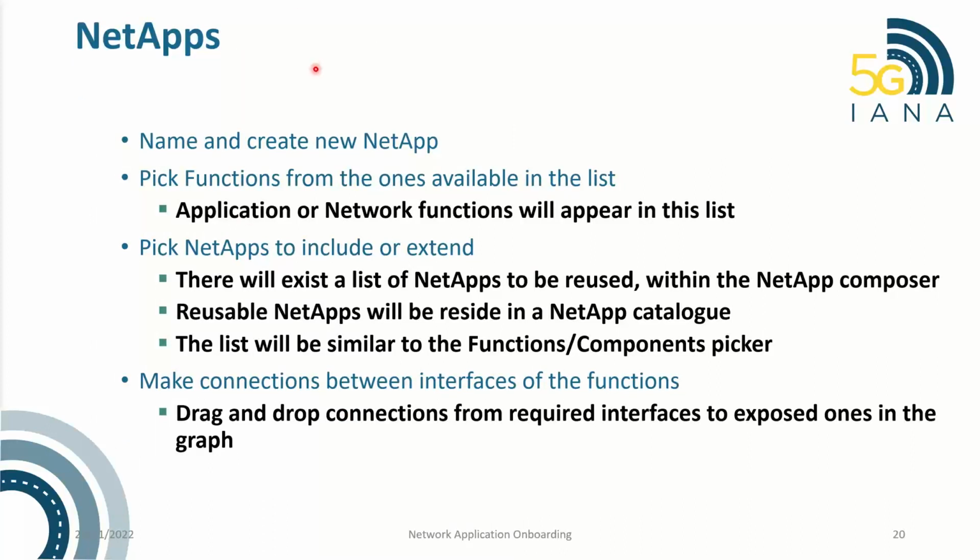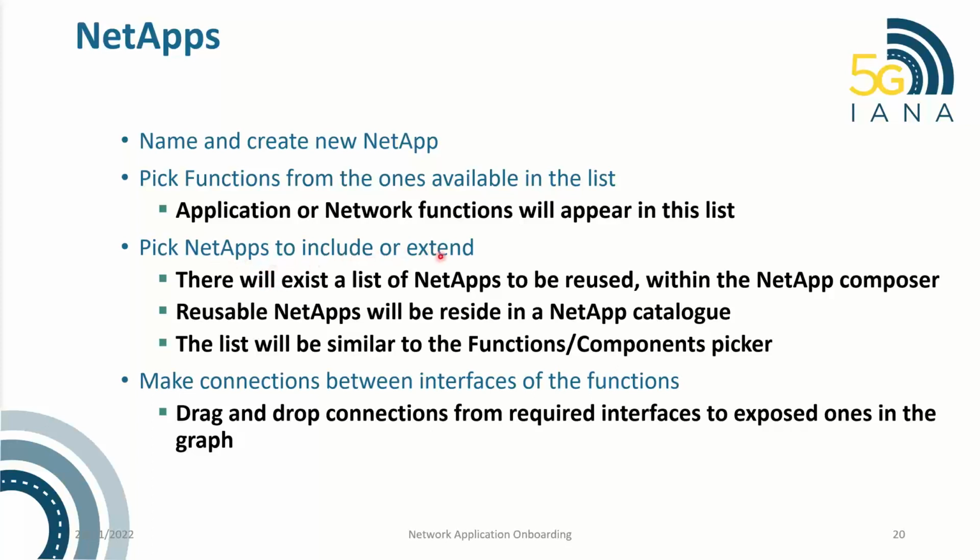Okay. The next step, of course, is the NetApps. For a NetApp, if we go through the creation part, we need a name to create this NetApp. Then we go through a process of picking the functions that we want to link together, which can be application network functions that will appear in the list.